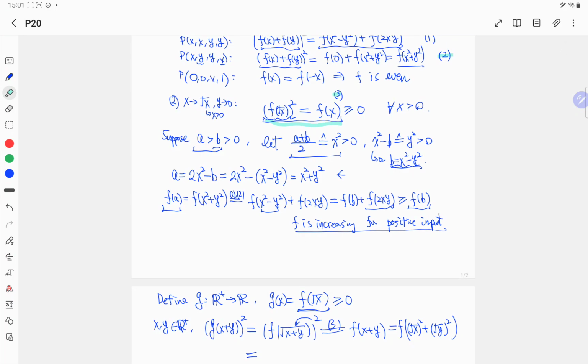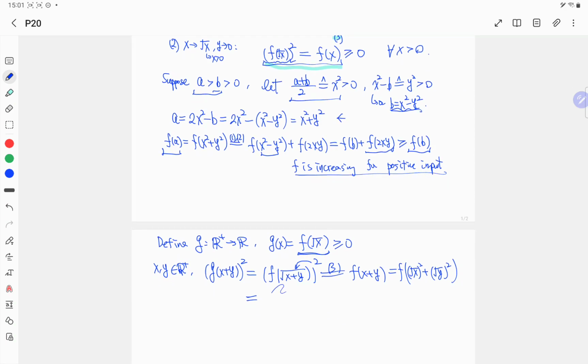So we have f of something squared plus something else squared equals this one and this one, added together, and then whole squared, which means that we have f of square root of x plus f of square root of y, whole squared. And by the definition of g, we know that it is actually g of x plus g of y whole squared.